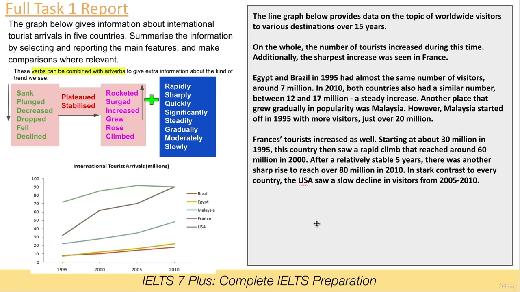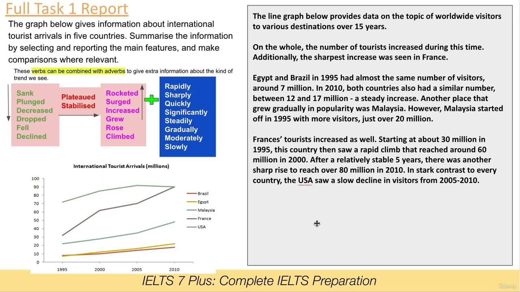No. We just want to report. It's like we are just feeding back the information, making sure that we're paraphrasing and using synonyms. We don't want to copy. We want to show the examiner that we've understood and almost given our take on it, if you like.